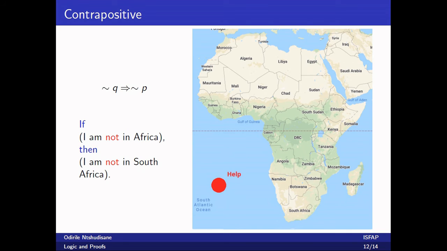The contrapositive, not Q implies not P, would be if I am not in Africa, then I am not in South Africa. We will notice that this has the truth value true, the exact same truth value as our original statement.